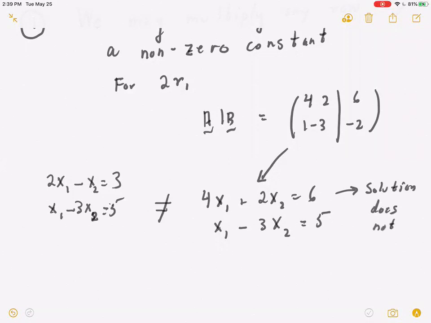And I'll leave it to you to prove this. If you actually solve these 2 equations, you get the same solution that you would get if you were to solve this set of equations. So an elementary row operation gives you a new augmented matrix, but it does not change the underlying solution.